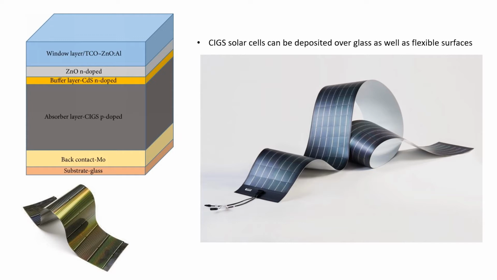On the top is the absorber layer CIGS, which is p-doped, and on top of this, the buffer layer and ZnO, both n-doped, are deposited. On the top, the window TCO ZnO aluminum layer is deposited for the other contact. The remaining two pictures are the CIGS solar cells deposited on flexible substrates.